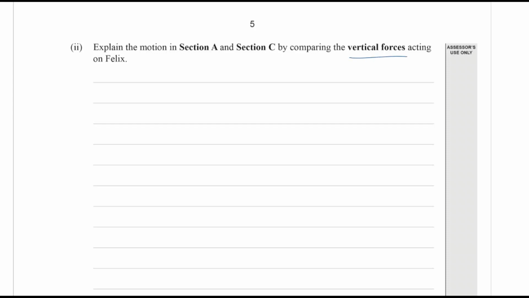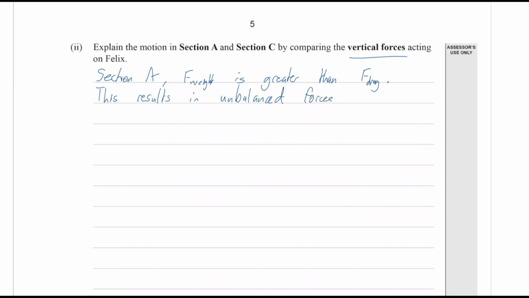So comparing vertical forces, so in section A, the weight force is greater than the drag force. This results in unbalanced forces where the net force is acting downwards.